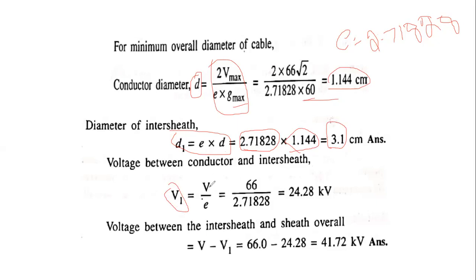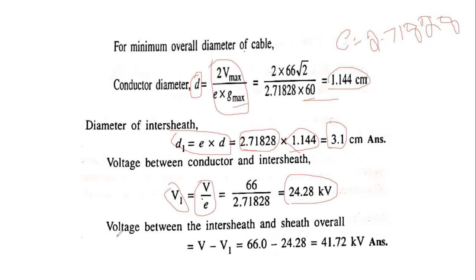Therefore V1 is equal to V by e, which is another formula for determining V1. Here e is 2.71828 and V is equal to 66, then we obtain V1 is equal to 24.28 kilovolts.